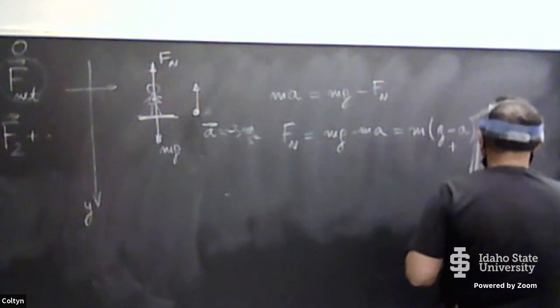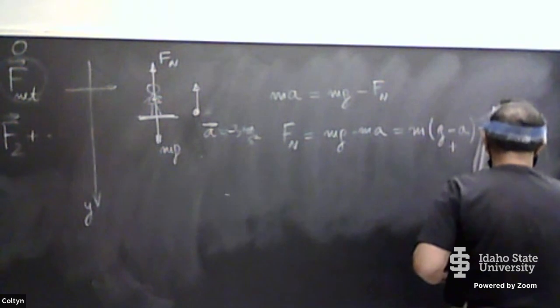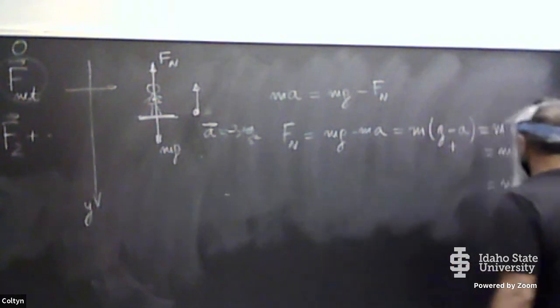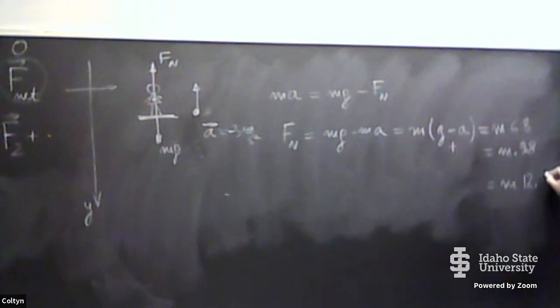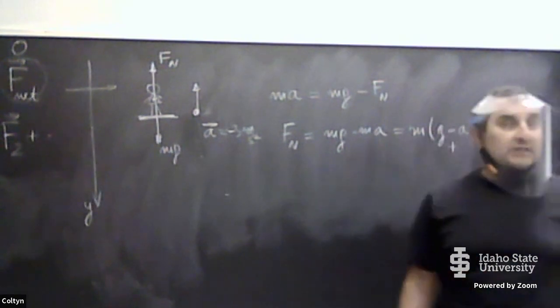And you're going to get that your apparent weight, which is the normal force, is going to be m times 12.8. In other words, you're going to feel heavier. Your apparent weight is going to be larger than your usual weight. This is when the elevator is accelerating with acceleration in the upward direction.